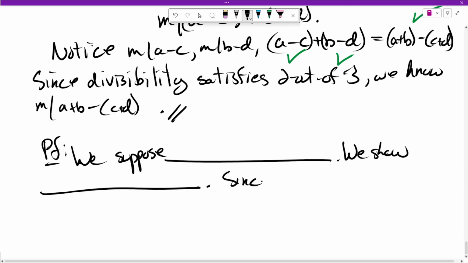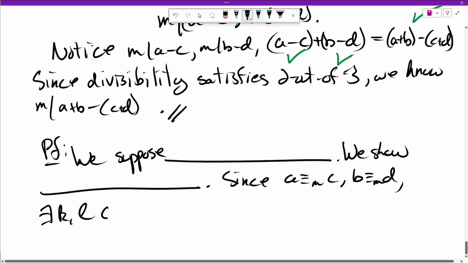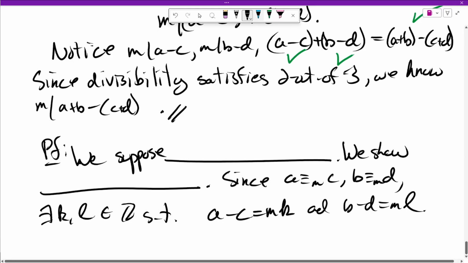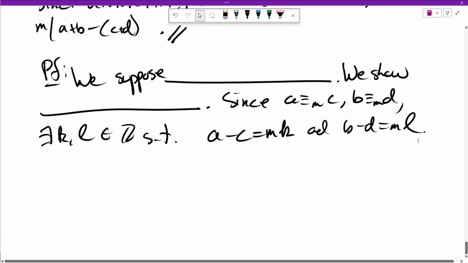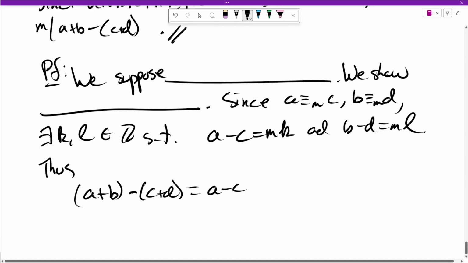And then we could say since A is congruent mod m to C, and B is congruent mod m to D, there exist integers k and l such that A minus C is mk, that is m goes into A minus C, and B minus D is ml, that is m goes into B minus D. Thus, A plus B minus (C plus D) is again (A minus C) plus (B minus D), the same thing as before.